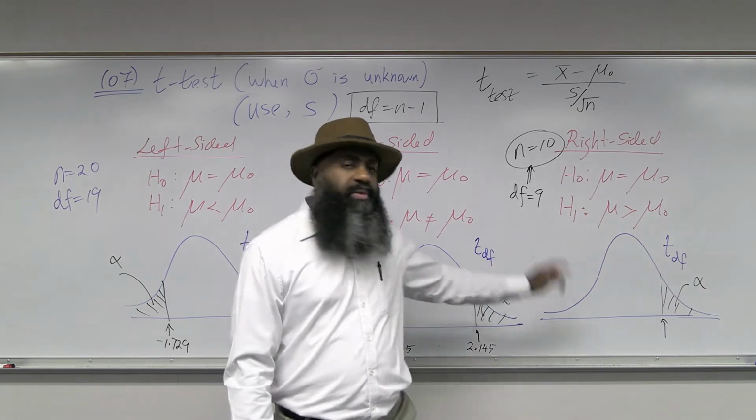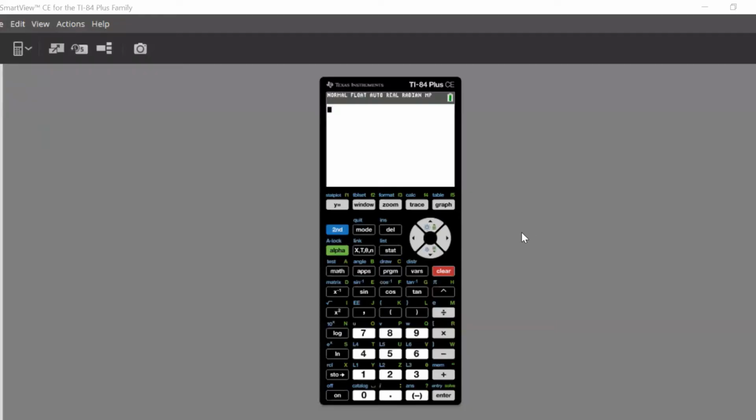Okay. All right, we'll do it that way. Let's go to our calculator again. We'll go to distributions, second, variables, and select number 4, inverse t, hit enter. The area, we will enter area as 0.95, degrees of freedom is equal to 9, and select paste and hit enter again. The required critical value is 1.833.